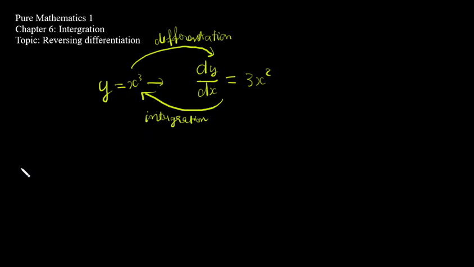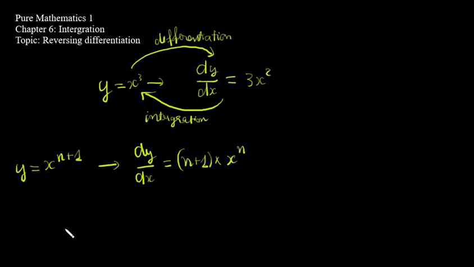Let's say you have y equal to x to the power of n plus 1. When you differentiate it, dy over dx equals n plus 1 multiplied by x to the power n. Now we have y equal to x to the power of n plus 1 over n plus 1.